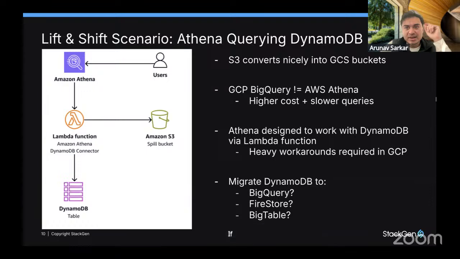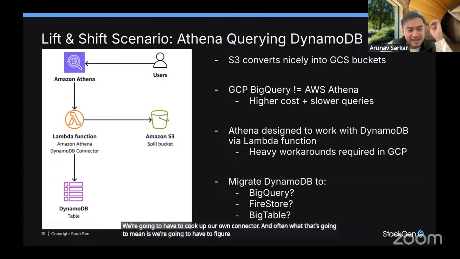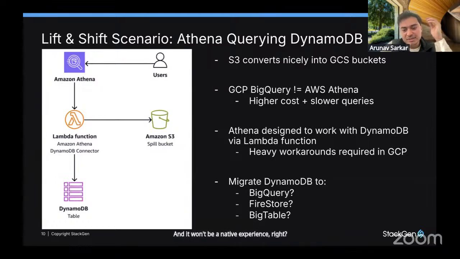If we're trying to set up Firestore or Bigtable as the NoSQL database, we're going to have to cook up our own connector, right? Often what that's going to mean is we're going to have to figure out a way to replicate that Lambda function into maybe a Google Cloud function, and that's going to take a little bit of refactoring to set up, and it won't be a native experience, right? It's going to take some of our team's time to actually build this out ourselves.